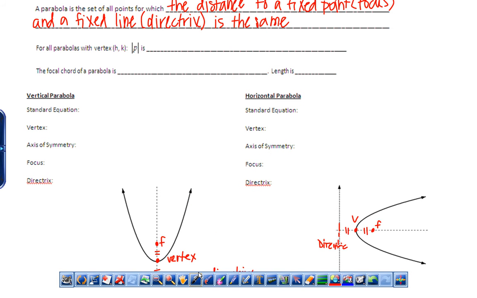It says for all parabolas, you still have a vertex called (h, k). So it's no longer called a center. It says you have the absolute value of p, and it says this is your distance, which I just talked about, from your vertex to your focus.